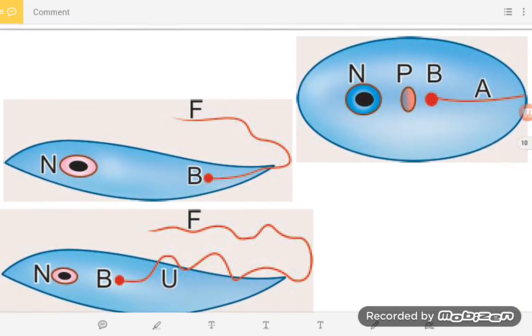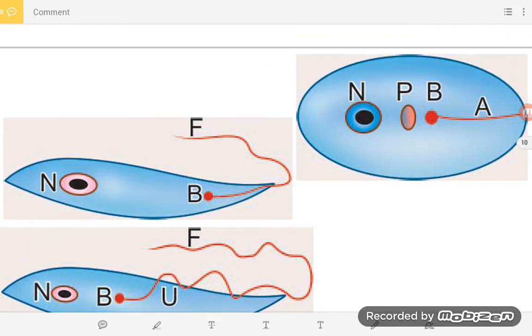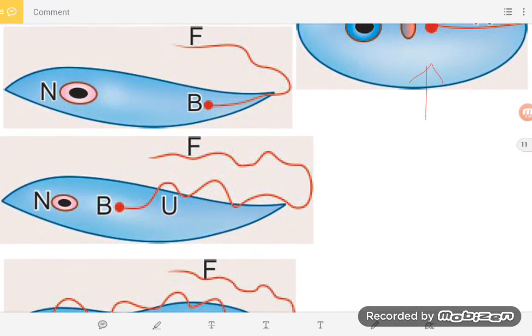Right, this is the morphological form of the parasites. So, the amastigote form you can see here, this is the amastigote form, right.